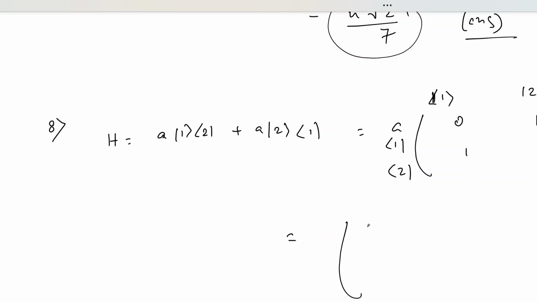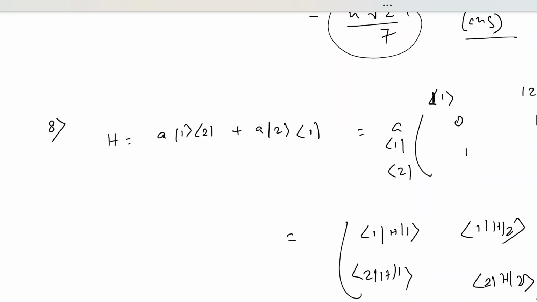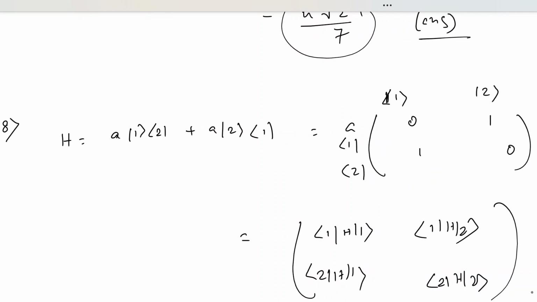So the first term will be <1|H|1>, <1|H|2>, <2|H|1>, <2|H|2>. So <1|H|1> is basically like this term, and this is already 0 because they are orthogonal to each other.